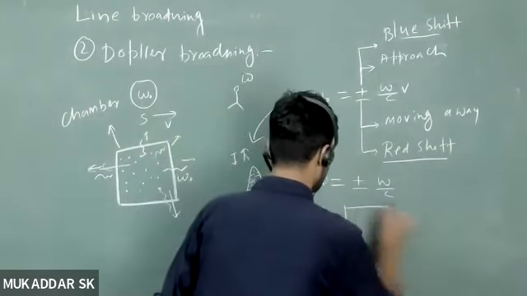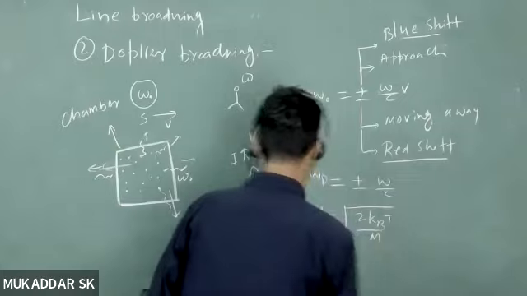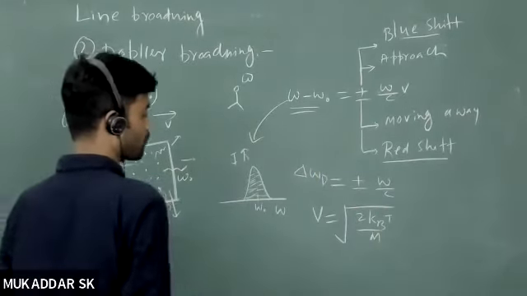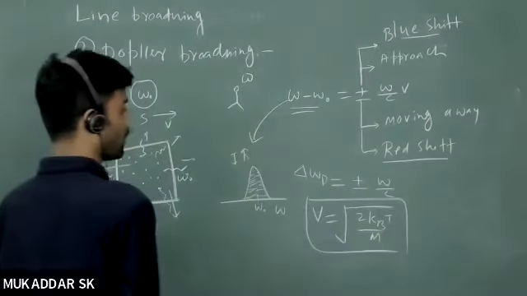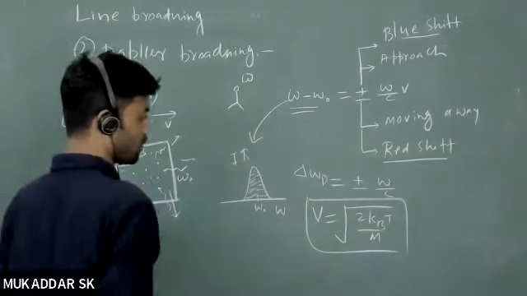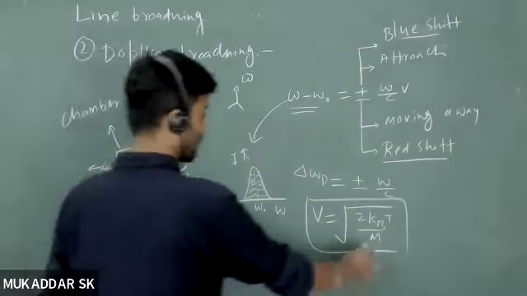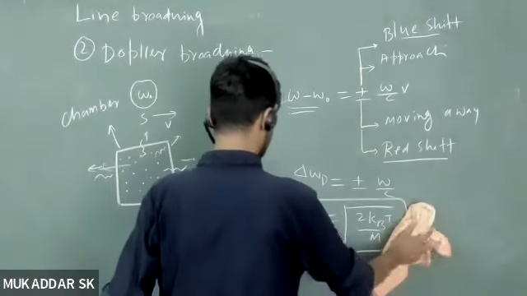So that will be root over 2kT by m, because these are atoms. In the atoms' motion we have to take the most probable speed. The most probable speed is root over 2kT by m, where k is the Boltzmann constant, T is the temperature, and m is the atomic mass. So I'll use this formula now.